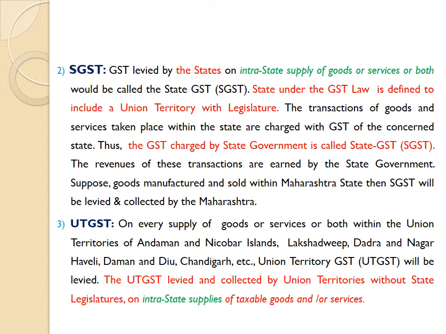SGST means State Goods and Services Tax. The State Goods and Services Tax levied by the states on intrastate supply of goods or services or both is called the State GST. State under the GST law is defined to include a Union Territory with legislature.